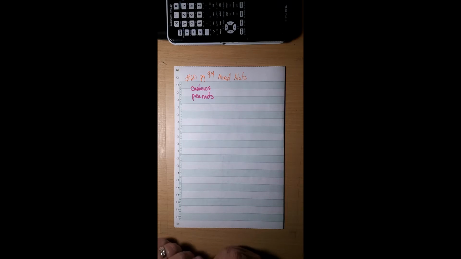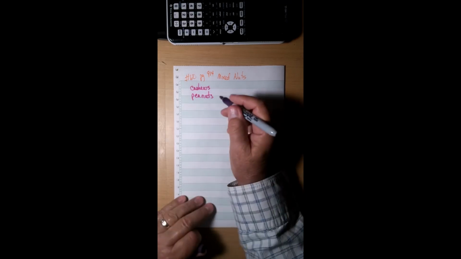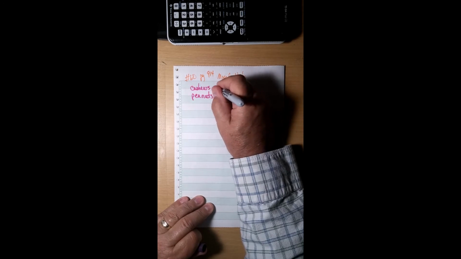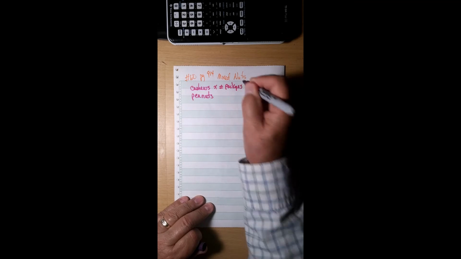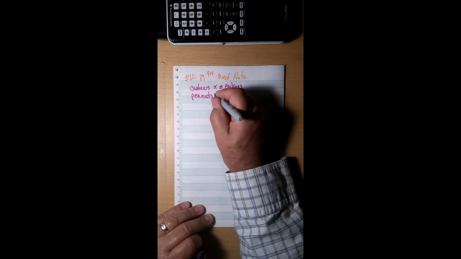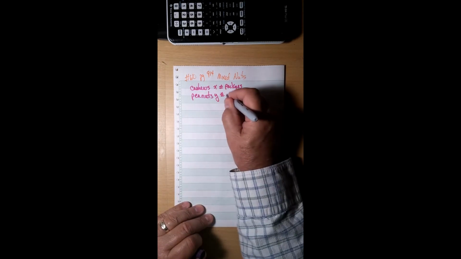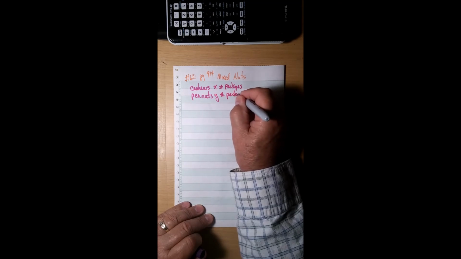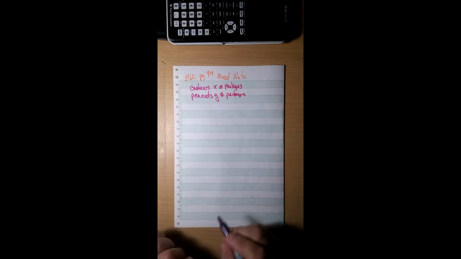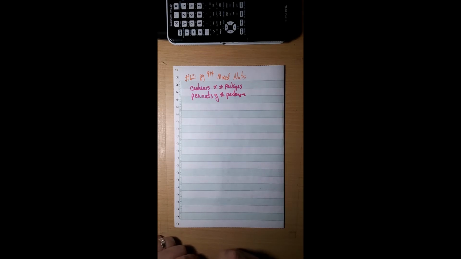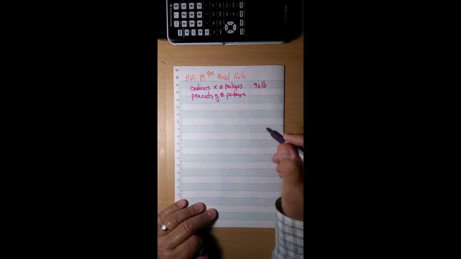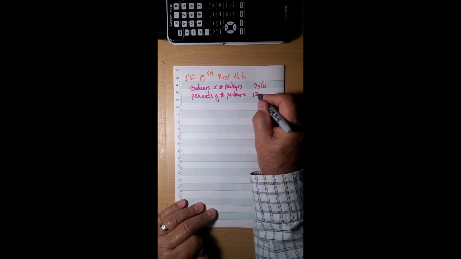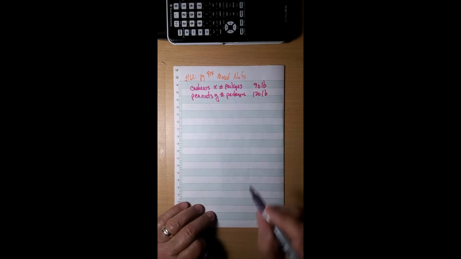X is going to stand for the number of packages of cashews, and Y the number of packages of peanuts you can make, because they have a total of 90 pounds of cashews and 120 pounds of peanuts available.